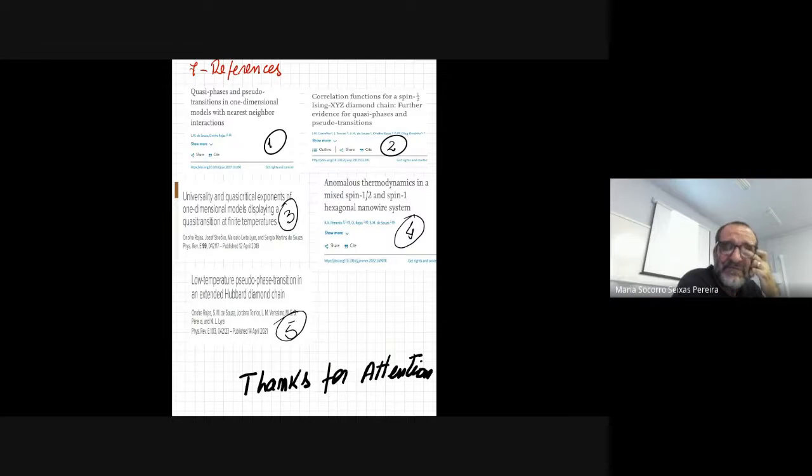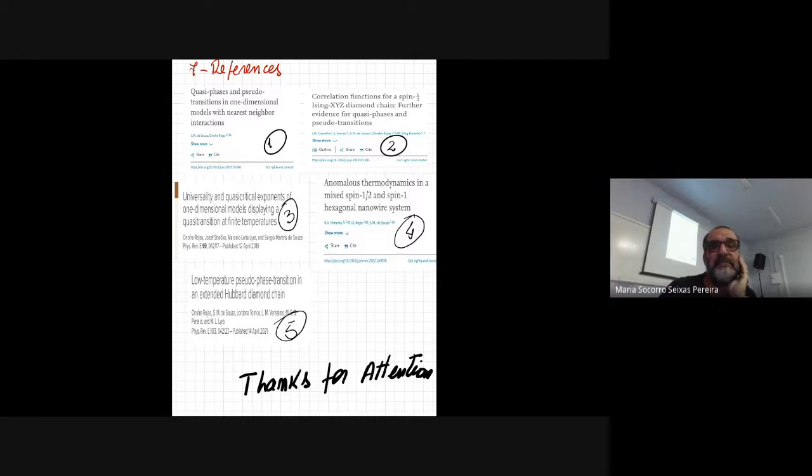Here we have the references that I mentioned. First, our first work about the pseudo transition. Second is the work with Oleg, in which we associated the pseudo transition to effective magnetic field equals.